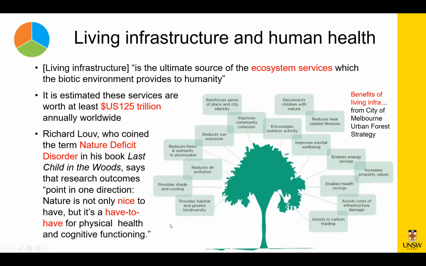The key thing about living infrastructure, what we're doing is providing something here which is the source of those services which notionally, and I underline the word notionally, nature or the biotic environment provides to humanity free of charge. Of course, it's not free of charge.